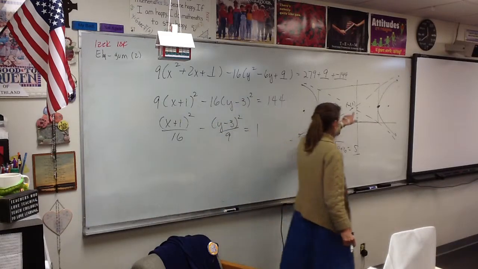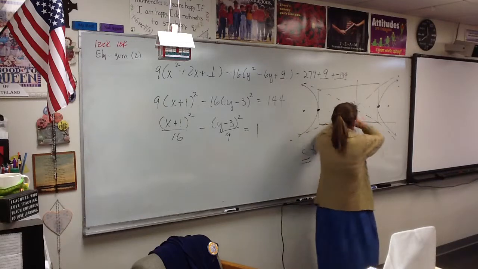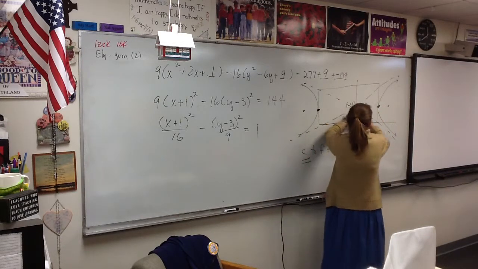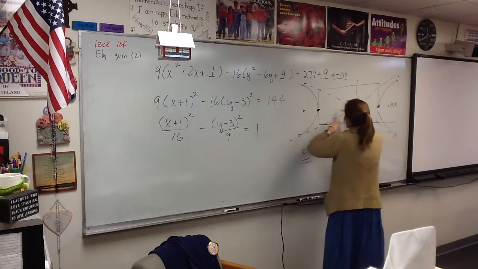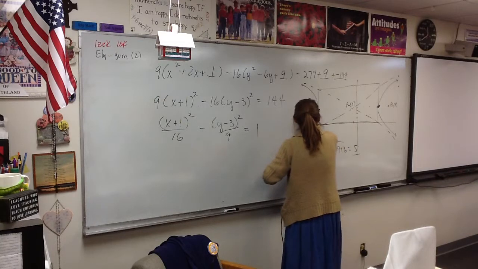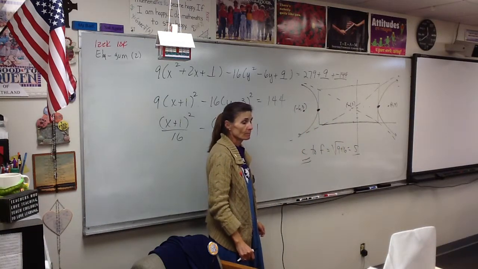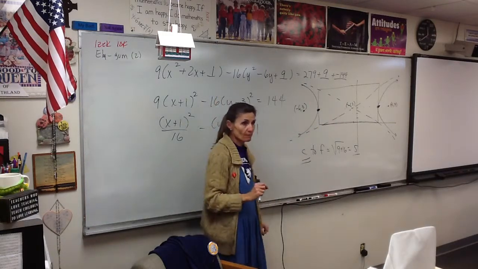So I'm going to start right here at the center, and I'm going to go forward 5. Oh, I never labeled my vertices. I'll do that in a minute. So if I go forward 5, this will be 4, 3. And if I go backward 5, negative 6, 3. Those are my foci. Start at the center, go back and forth 5.